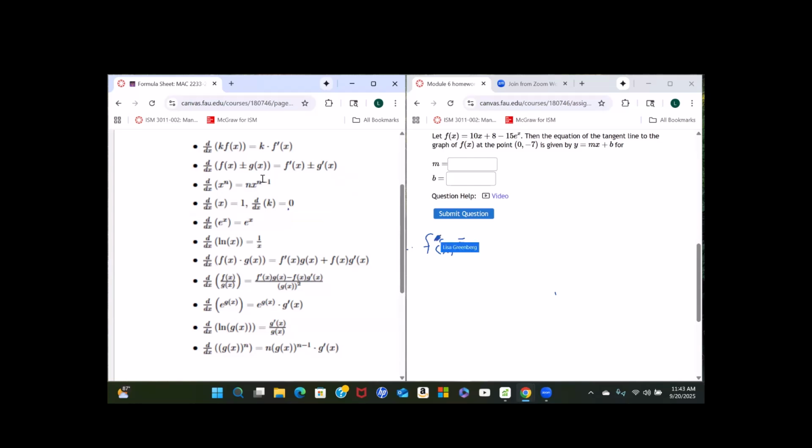The derivative of a constant is 0. I'll show you real quick. Let's say I have y equals 5. The graph of that looks like this, doesn't it? What's the slope of that line? 0. The derivative of a constant is 0 because it's the slope of that line.